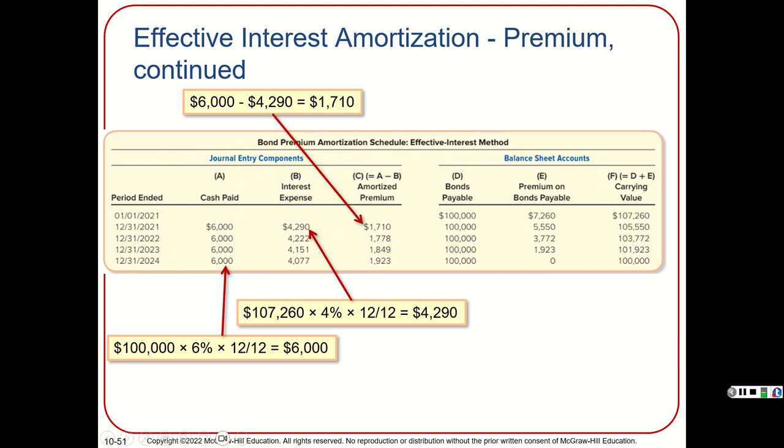And then the difference is what is amortized. And then it's subtracted from the carrying value, again, taking the bonds payable down to the face value, or the carrying value.